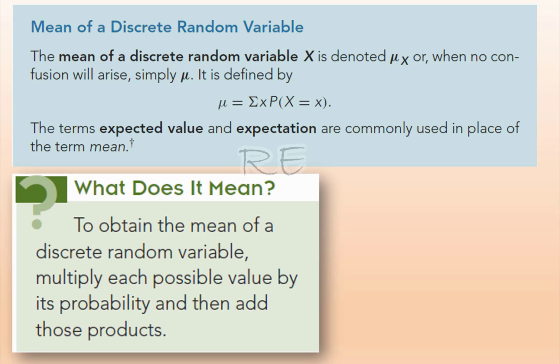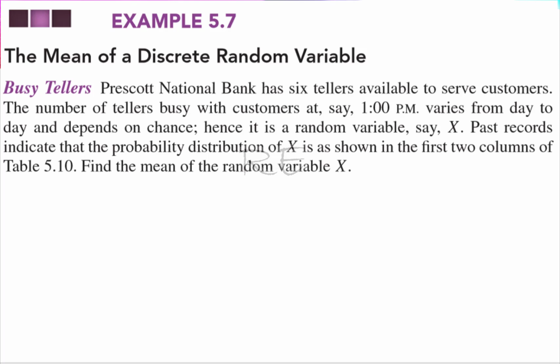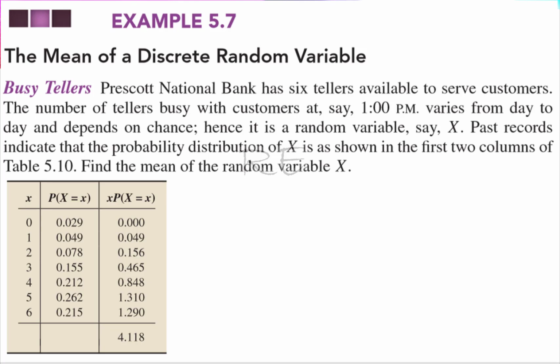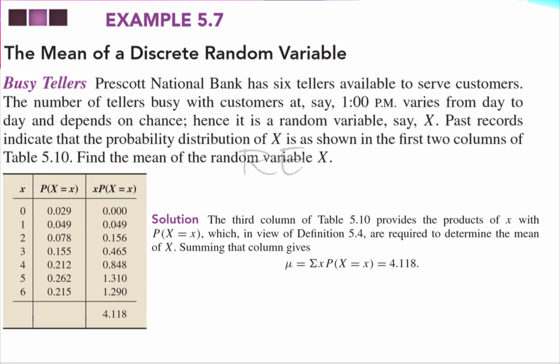Remember the formula? The mean is the sum of x times the probability that capital X is equal to x. This is your book's example, and it gives you 3 columns, one for x, one for P of x, and the other one for x times P of x.